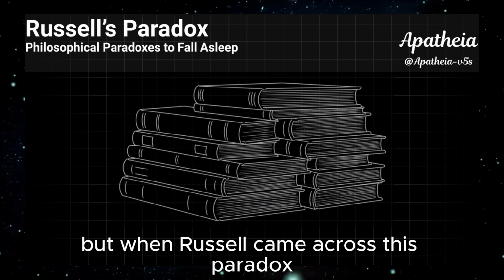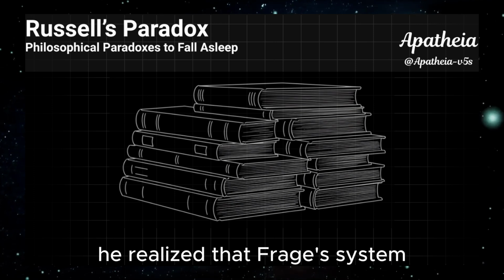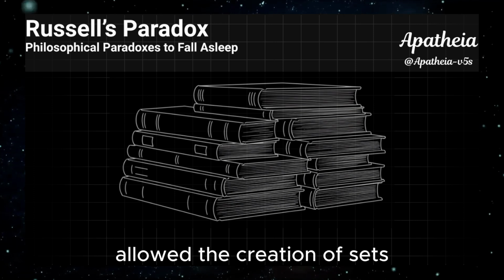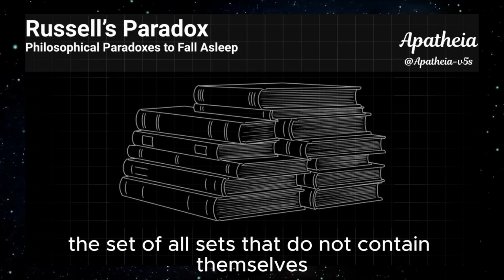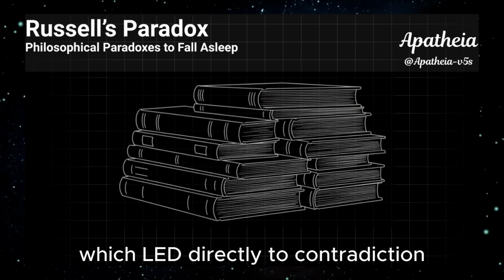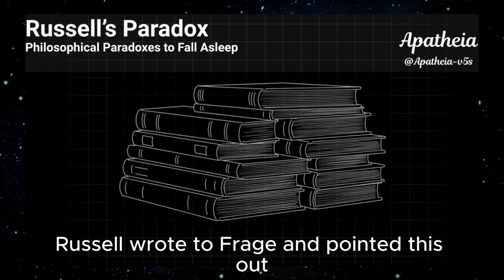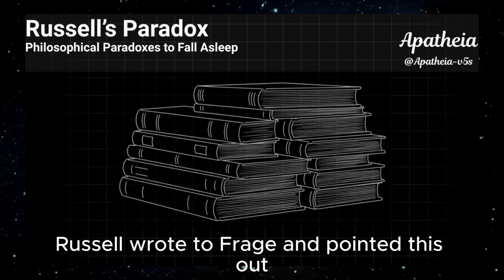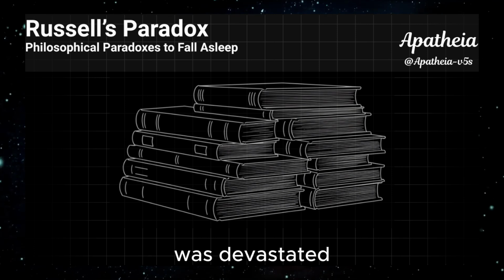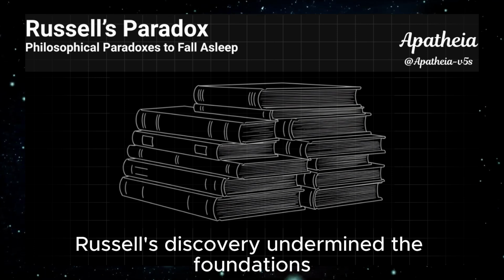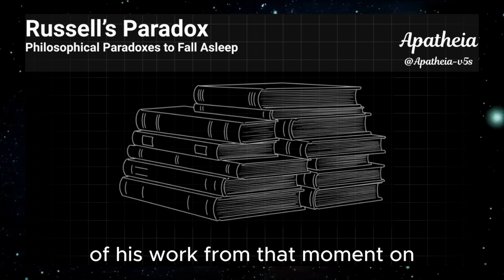But when Russell came across this paradox, he realized that Frege's system allowed the creation of sets like R, the set of all sets that do not contain themselves, which led directly to contradiction. Russell wrote to Frege and pointed this out. Frege, who had spent decades working on his system, was devastated. He admitted that Russell's discovery undermined the foundations of his work.